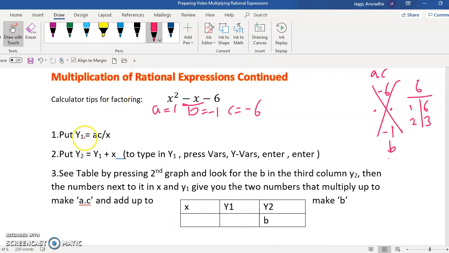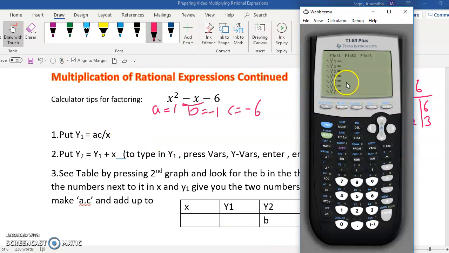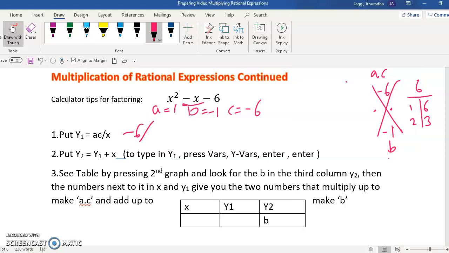Let's see. First step is to put y1 equals AC divided by x. So you go to y1 and put AC divided by x. So your AC is equal to -6 here divided by x. And for y2, you will put it equal to y1 plus x.